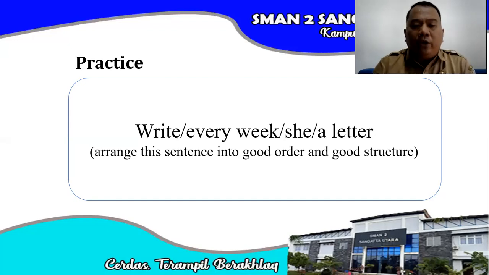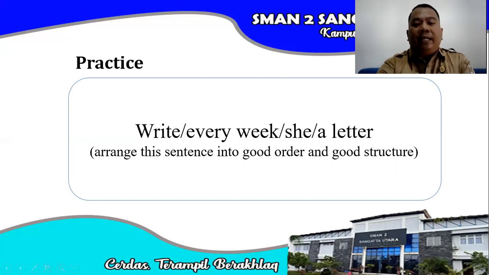Now here we go. We're going to practice. This one is a jumbled word exercise, and you have to arrange it into a good structure and a good order. So now we are going to start making a positive sentence. Okay, which one is first? Okay, good job.